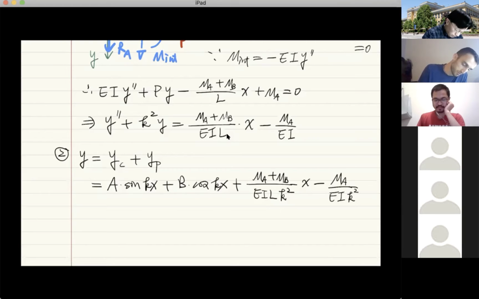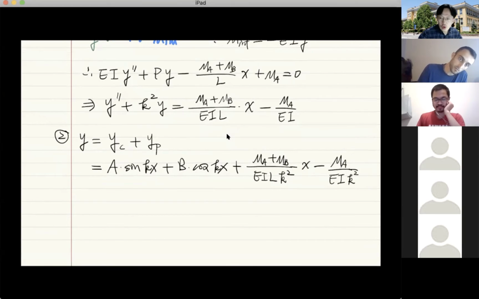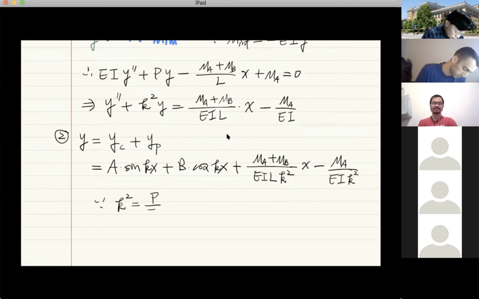Now, it's always advantageous to simplify your expression because K squared is P over EI, right? So when you see EI times K squared, what does that mean?